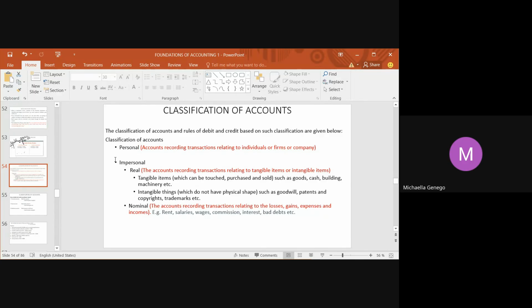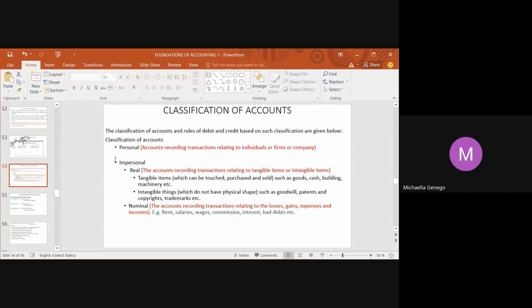Please, are you getting it? Michaela is a personal account, and it's normally given to people like trade receivables and trade payables. We can't mention their names as Michaela account; it doesn't sound well. Trade receivables are our debtors, people who owe us, so they would give us money.